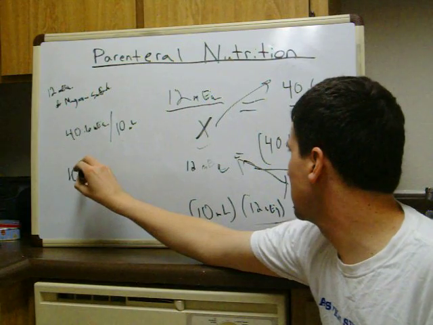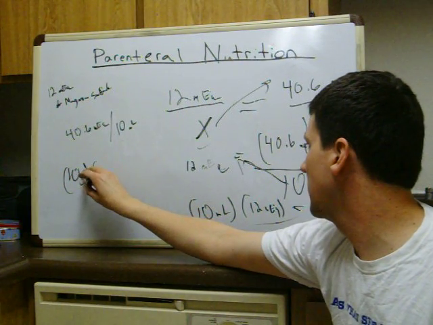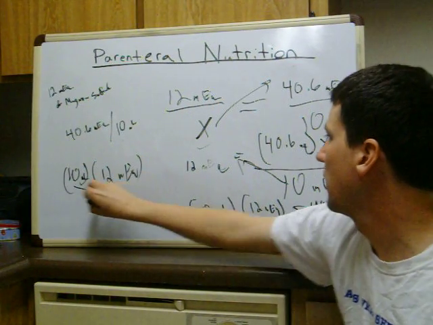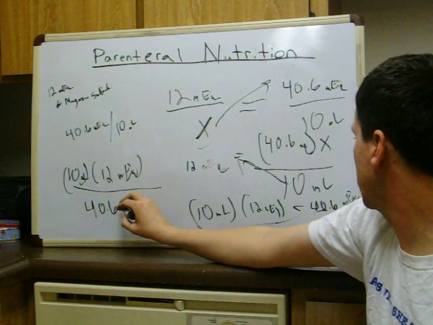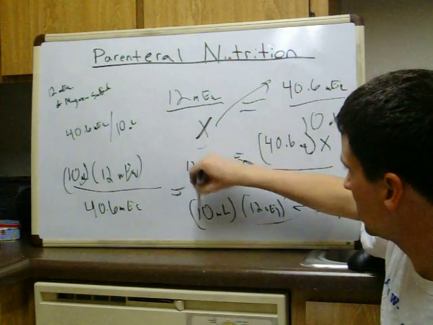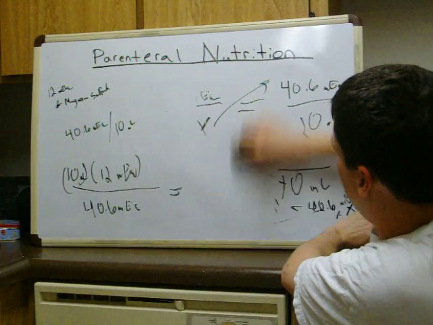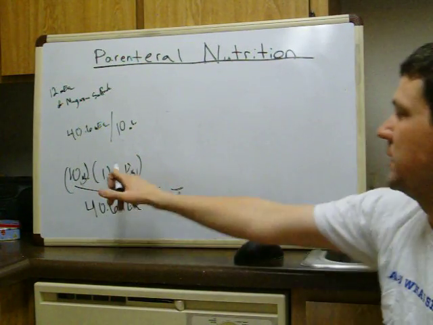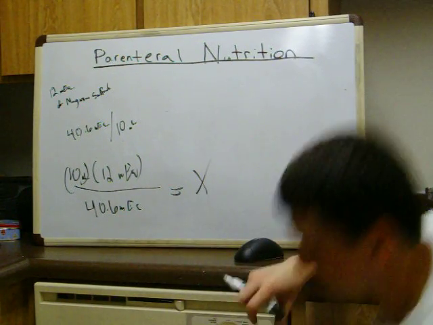So we get 10 milliliters times 12 milliequivalents over 40.6 milliequivalents equals our unknown. I'm just going to clean this up a little bit. Again, 10 times 12 over 40.6 equals our number.